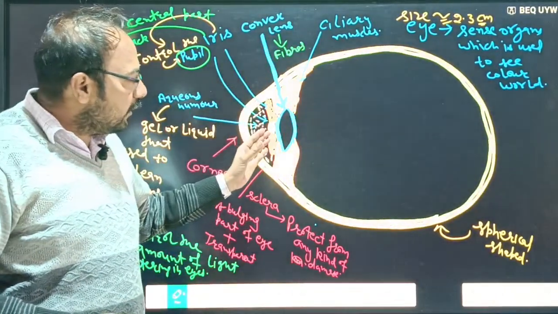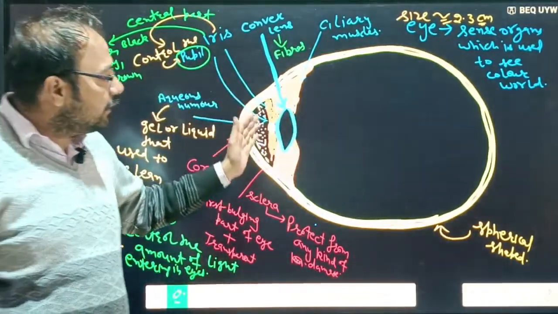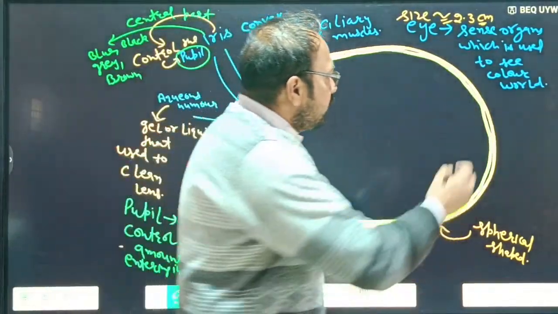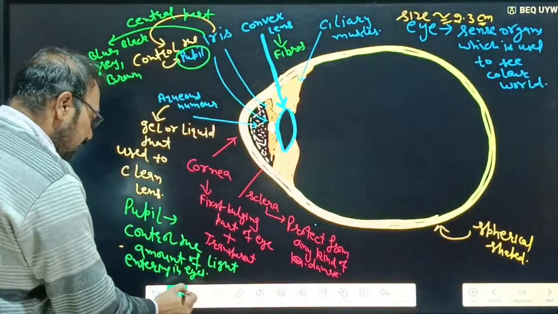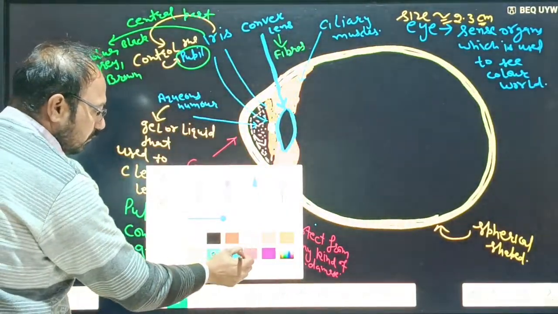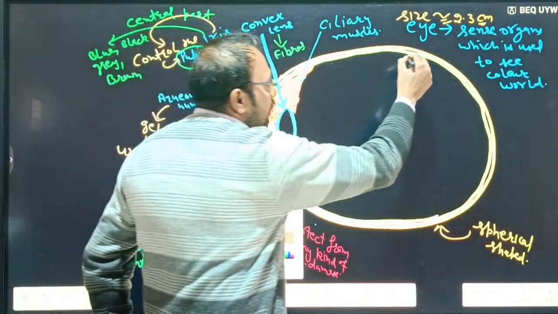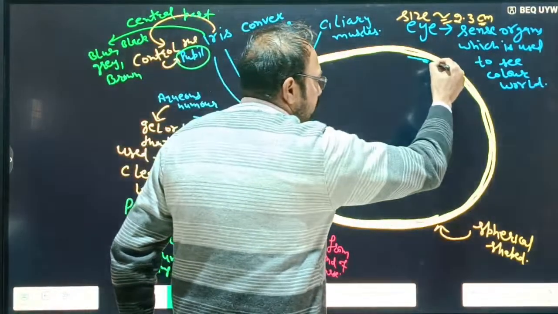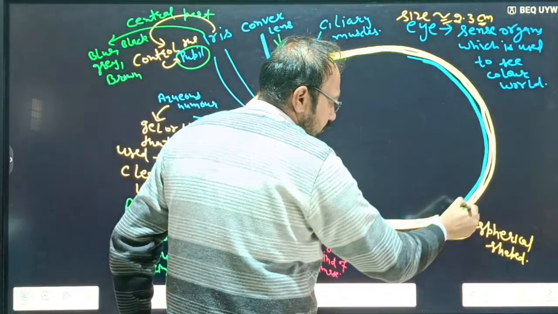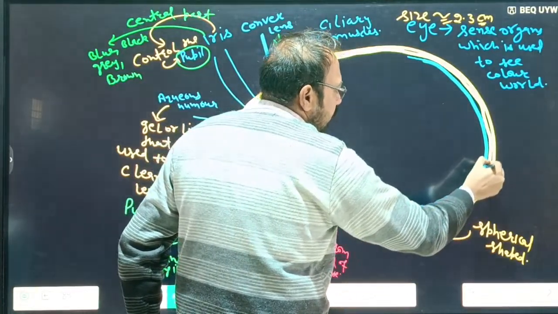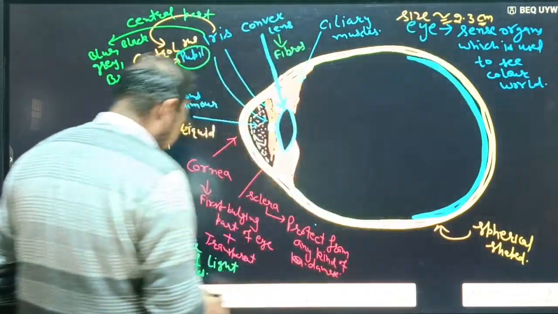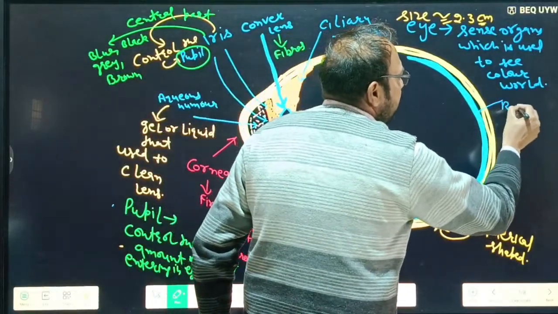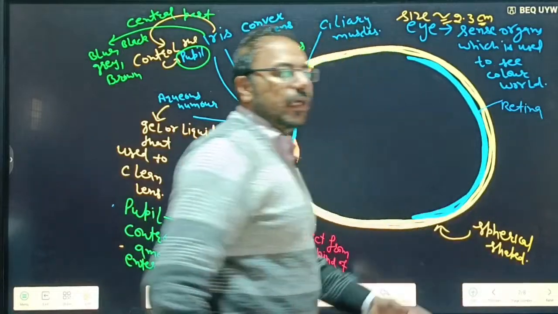So with the help of a lens, when light enters our eye, these light rays are focused on the retina. So basically retina is this part. So here the retina is present, so this part is the retina. Basically the retina acts as a screen.